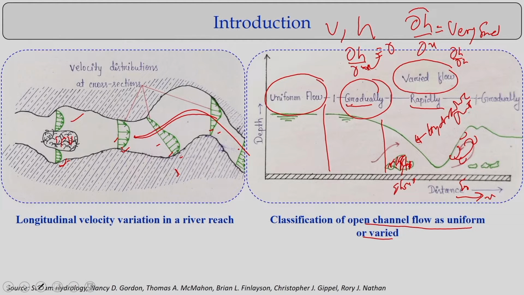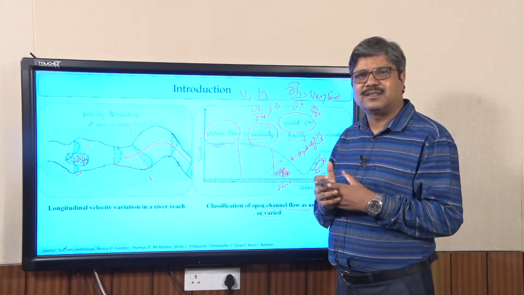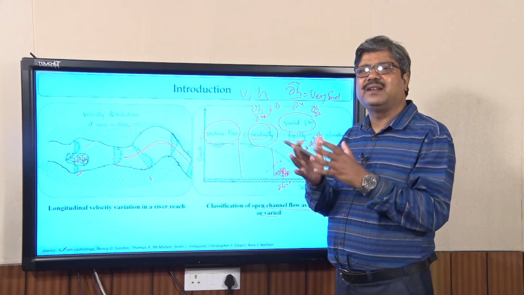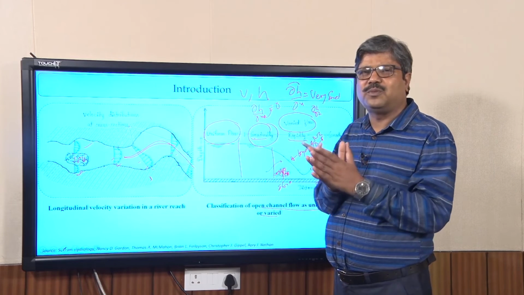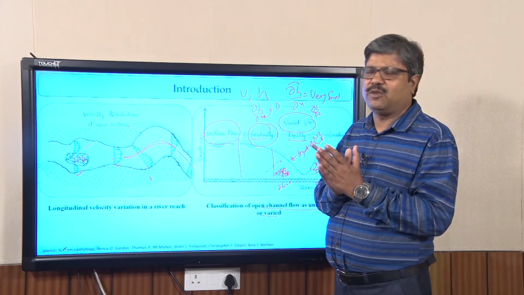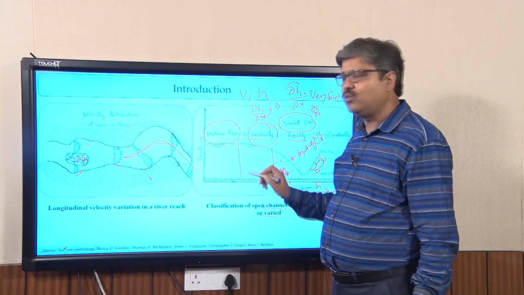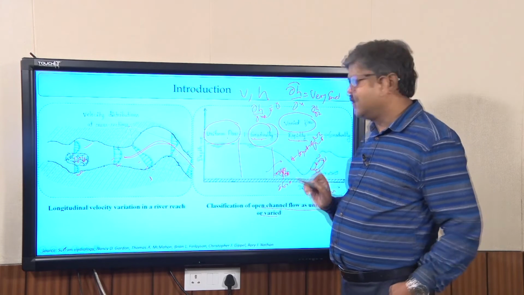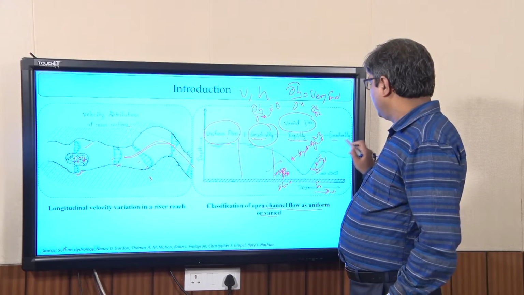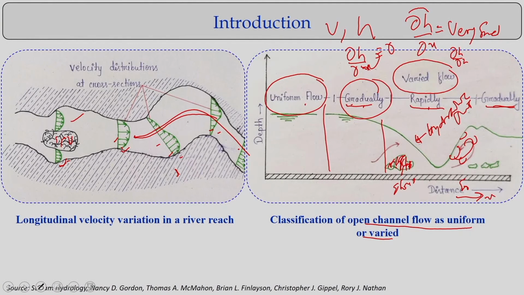So if you conceptualize with a simple channel and put some obstructions, you can see there are different types of flow happening, or flow reaches that we can approximate for analysis as uniform flow, gradually varied flow, or rapidly varied flow. After the rapidly varied flow, there would be a gradually varied flow, where the free surface changes but the change is not significant.